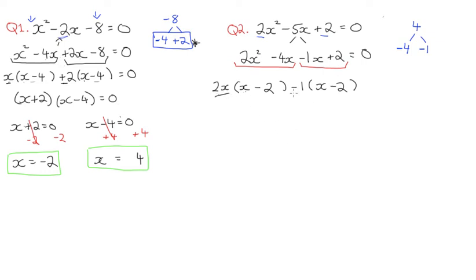Now I take this and I take this. 2x minus 1, and then here x minus 2. And these are our 2 roots. Now we just need to find out what x is equal to. This one here is a little different. Hopefully you got it. 2x minus 1 equals 0, and x minus 2 equals 0.